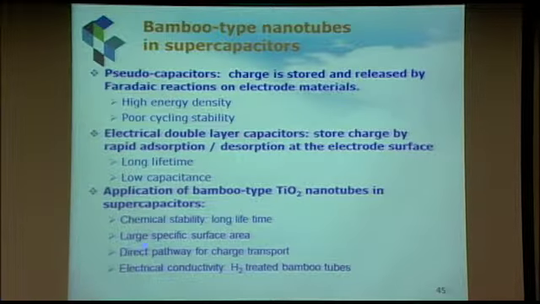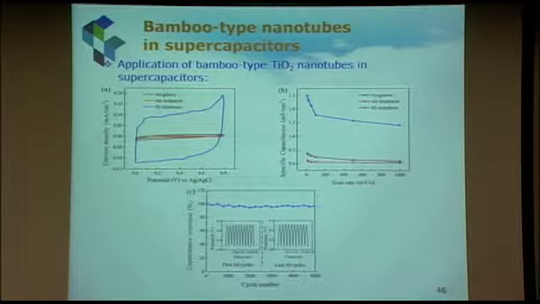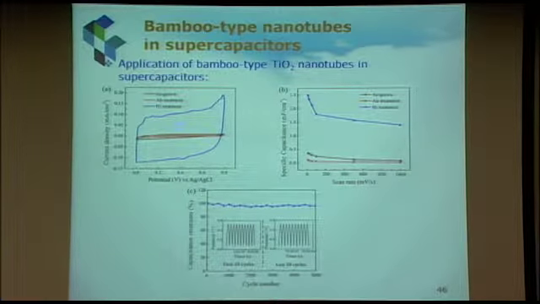The tube direction is also a one-direction path, which hopefully provides better charge transport. Another thing we have done is treat these tubes, because now they are hollow inside and separate outside. We used hydrogen treatment to create more defects inside the tube, and then show you the charge storage capability.